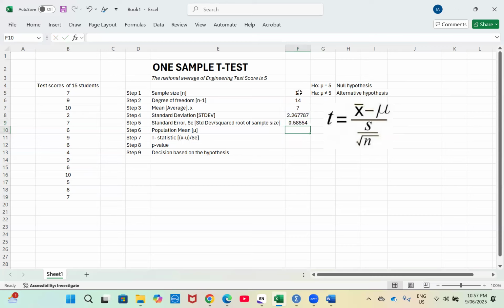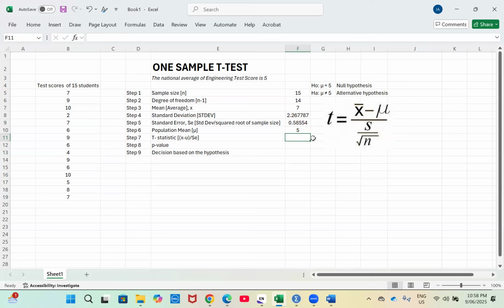The square root of that gives us this. Now the population mean, which most people simply call the mean, in this context is 5, the national average. And then we go ahead to compute the t statistic.